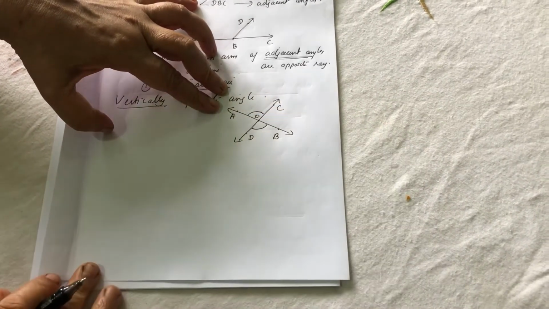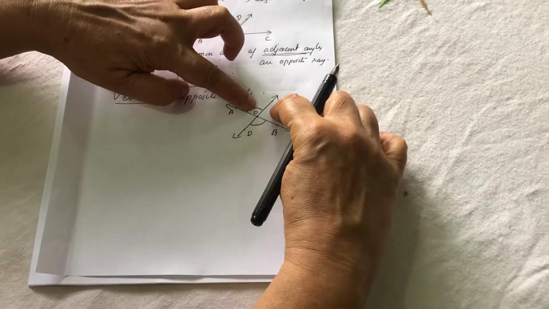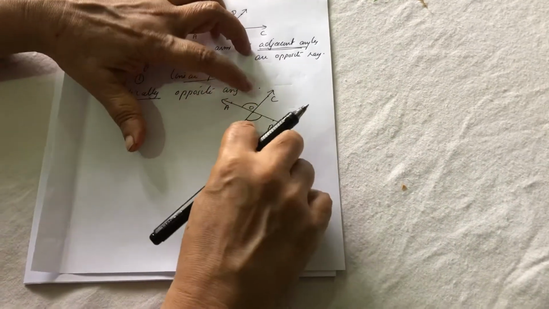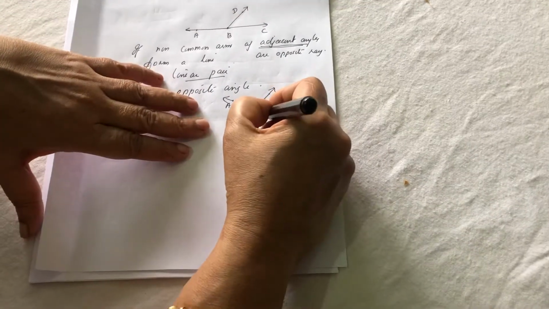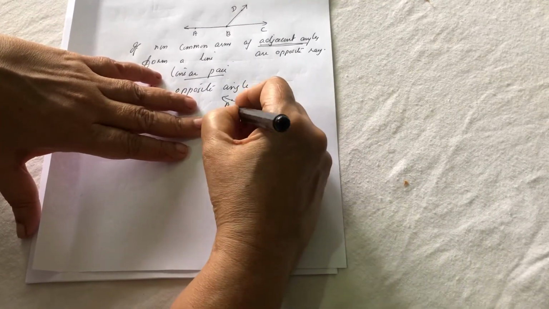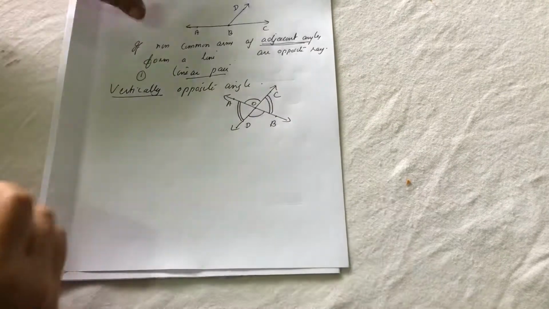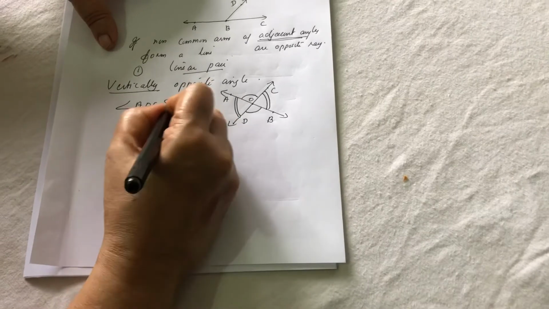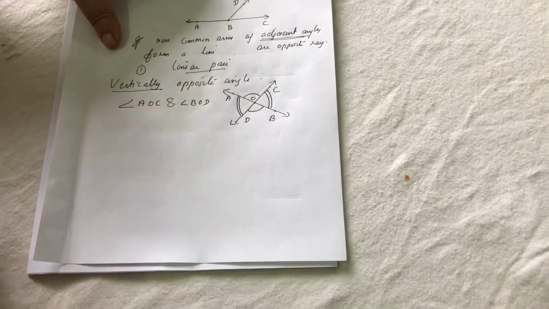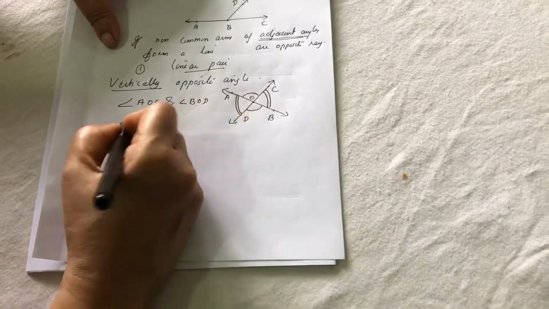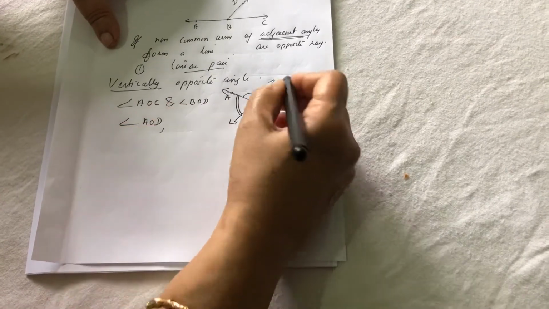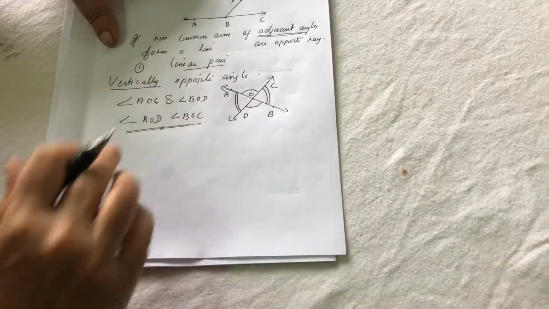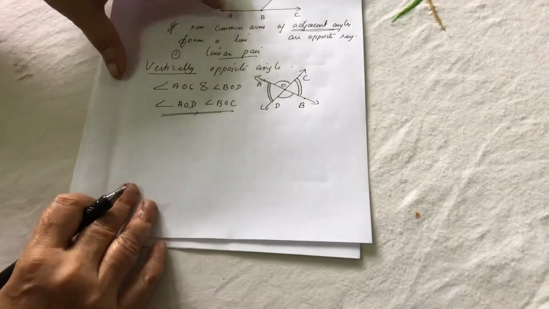These two angles are called vertically opposite angles, and these two angles are also vertically opposite angles. So angle AOC and angle BOD, then angle AOD and angle BOC are pairs of vertically opposite angles.